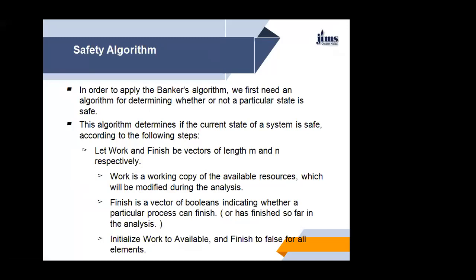Initially, Work equals Available and Finish[i] equals false for i equals 1, 2, 3, up to n. We have to find an i such that both Finish[i] equals false and Need[i] is less than or equal to Work.